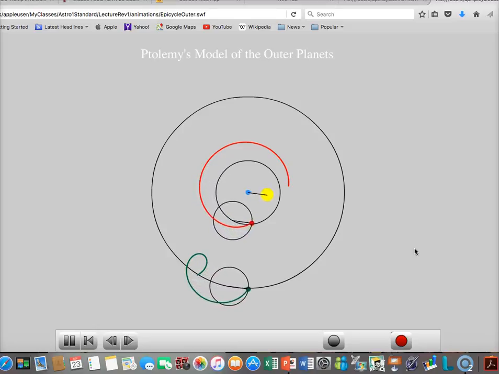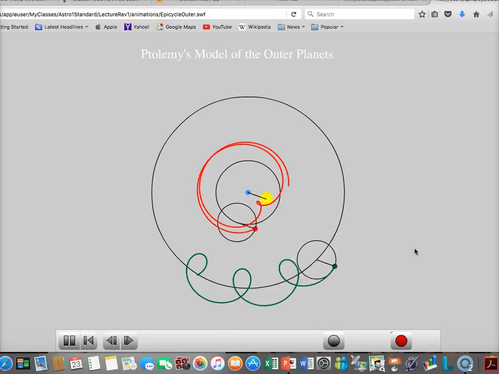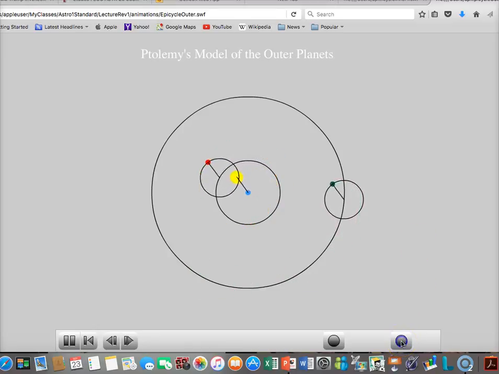And watch the loop-de-loops. The loop-de-loops are basically us observing the planets moving backwards relative to the fixed stars. Backwards. And that's what the epicycle here is trying to explain: why do the planets seem to move backwards with respect to the fixed stars. Okay, so that's the idea there.